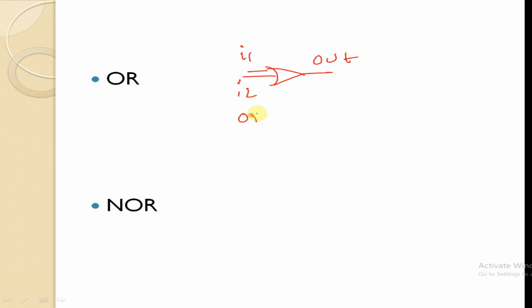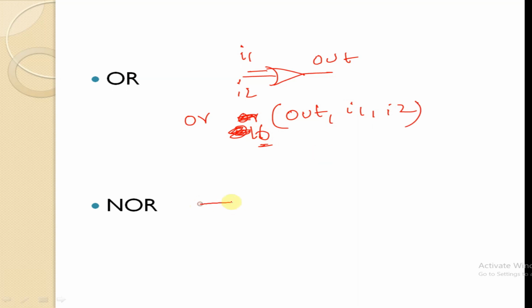So for using the OR gate, we will use the keyword OR followed by instance name. I will take some name like B, and write the output followed by I1 comma I2.